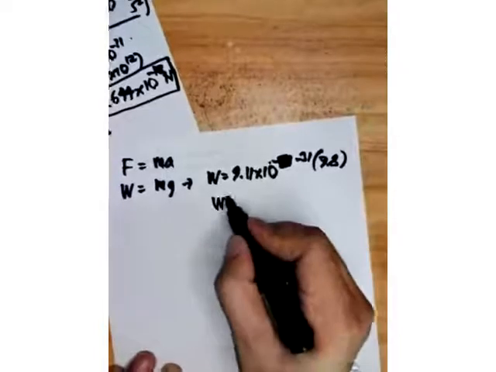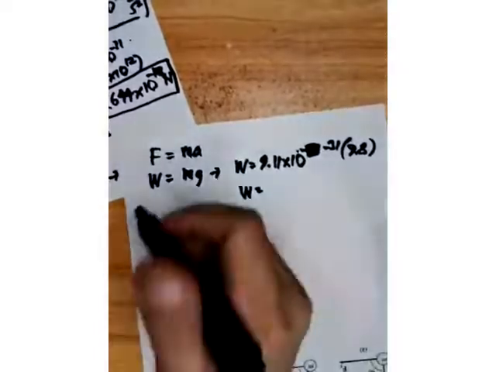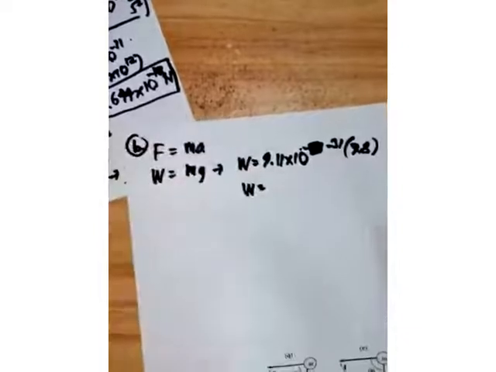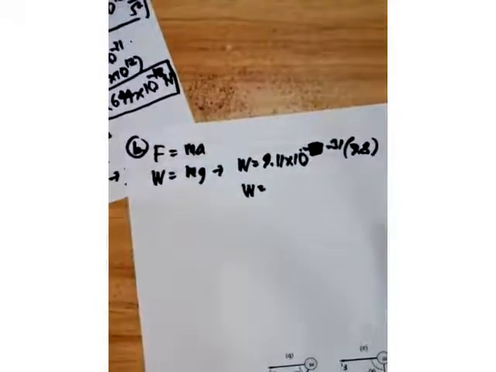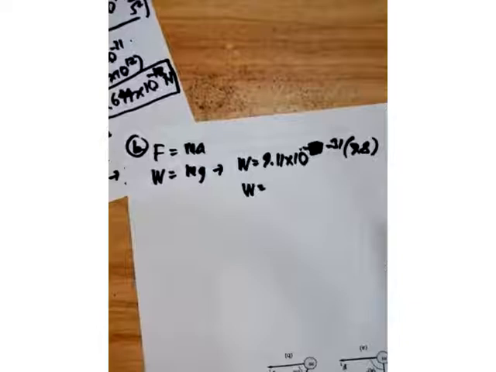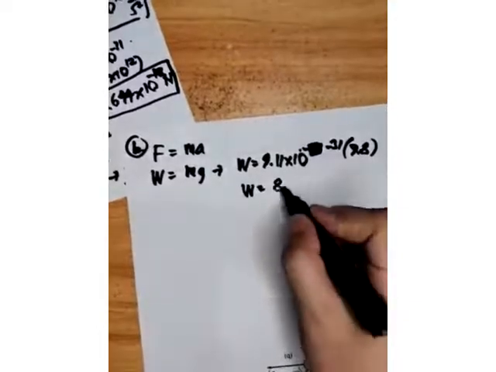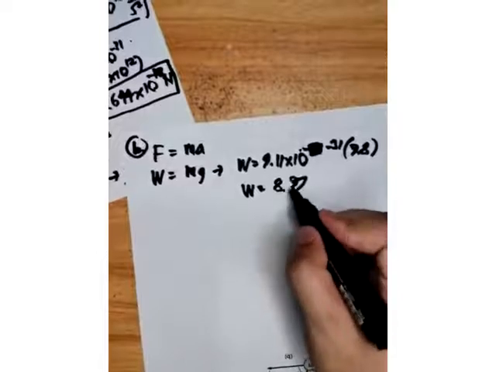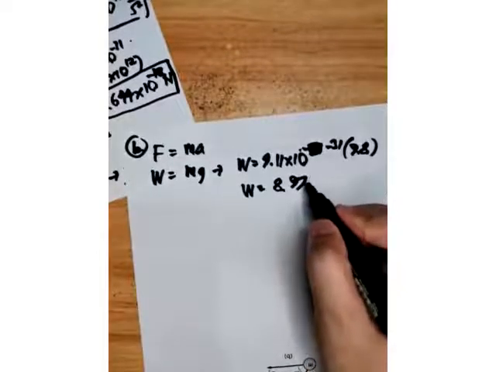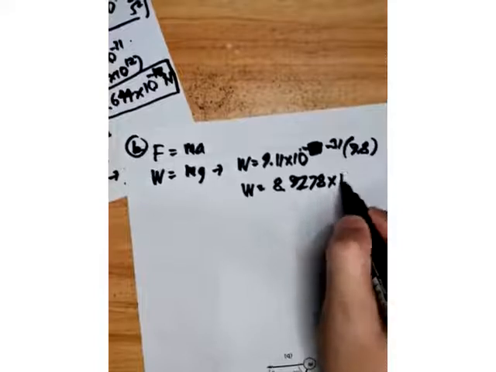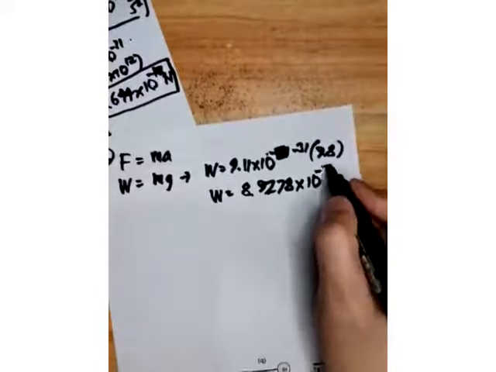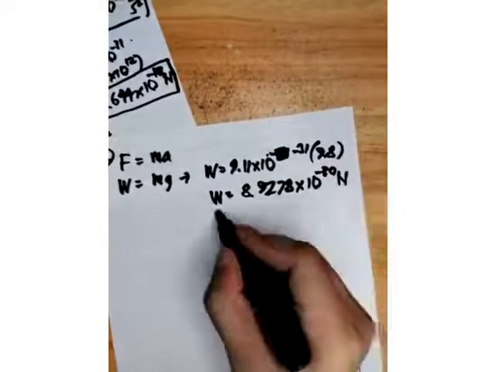So, what's the weight? So, this one is letter B. It is 8.9278 times 10 raised to negative 30 newtons.